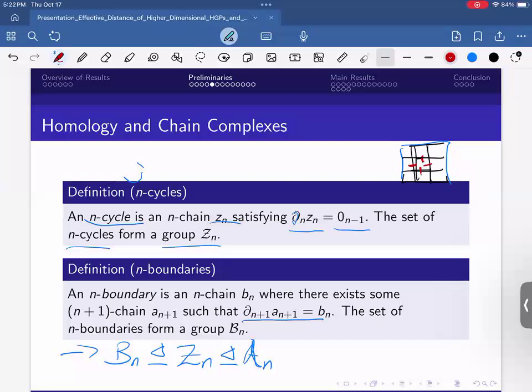Boundaries are usually what we call homologically trivial because they can be reduced to a point. Whereas on a torus, if you wrap a cycle around the torus itself, you can't constrict the cycle, and that is a cycle that's not trivial. We'll get to that a bit shortly.